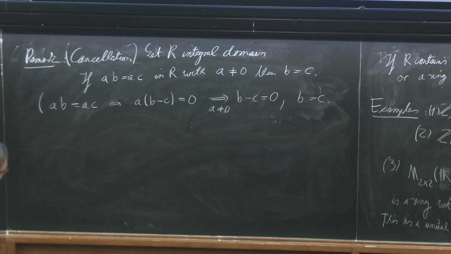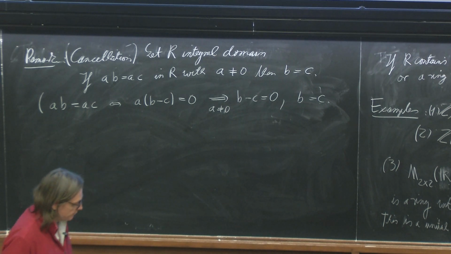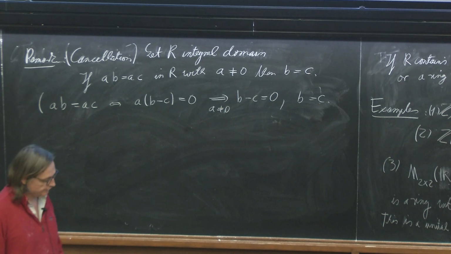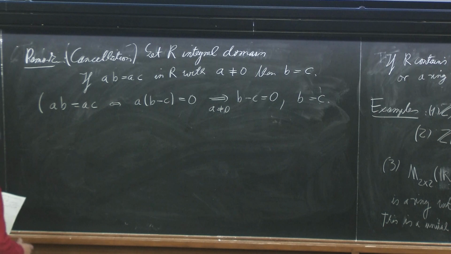But in a ring, the multiplication will not in general be a group. So some elements might be invertible and some might not be. The elements which are invertible for the multiplication are called units. And the set of all units forms a group under multiplication, which will be called the multiplicative group of the ring. So, definition.